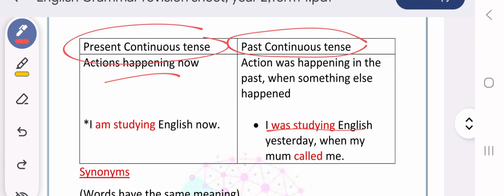Like I was studying English, I didn't finish, yesterday when my mom called me. So something happened in the middle. I didn't finish yet, but my mom called me. So I will say I was studying English.